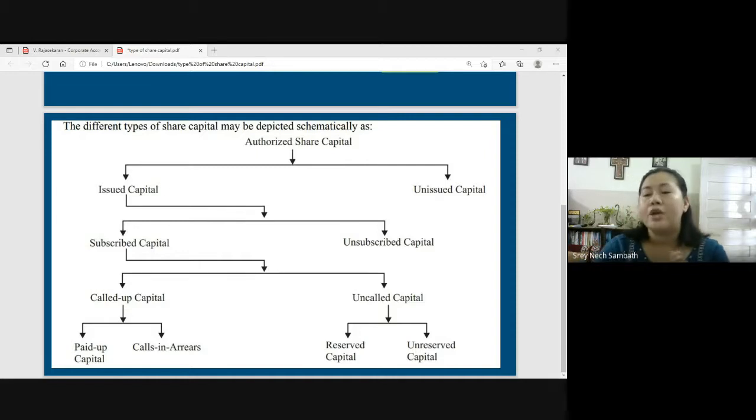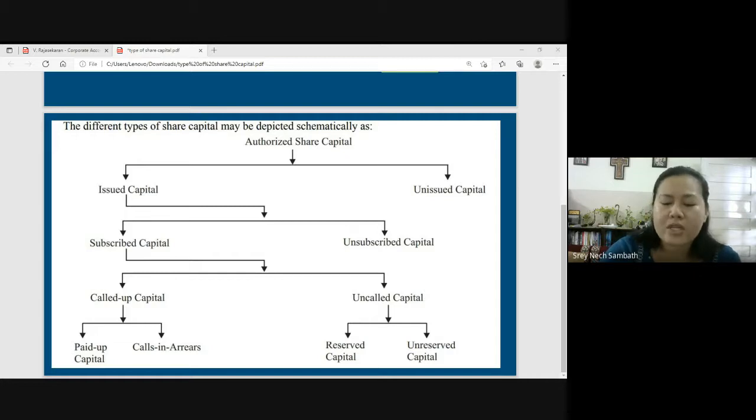It means that you are required to pay the full amount of 100 rupees. And it's not necessarily the entire amount. It depends, like we said, on the board of directors of each company. And when the capital is called up, then it goes into paid up or calls in arrears.